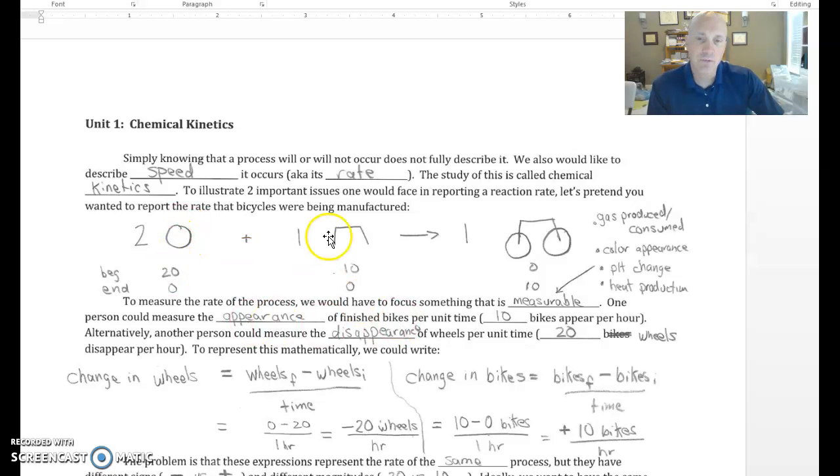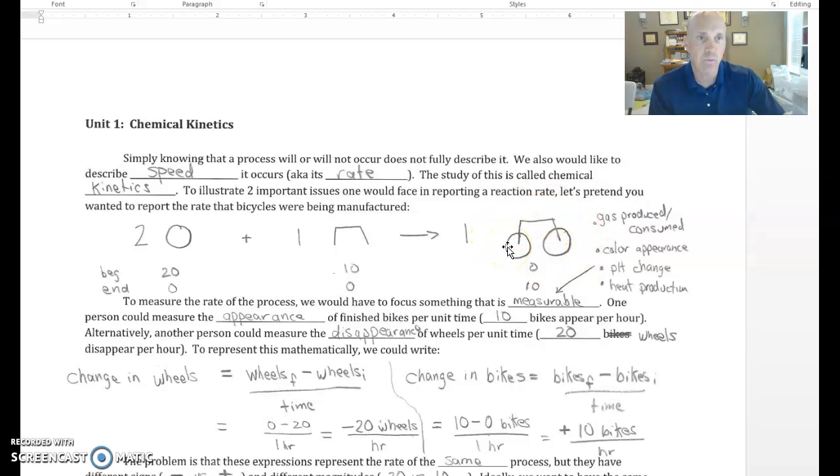Okay, so let's go back to pretending that we want to measure how fast this process of the production of bikes is occurring. There's a couple ways that we could do this. Let's say that we were in the factory, and the only thing that we could see is the bikes coming off the assembly line. We couldn't see the piles of wheels disappearing, or the piles of frames disappearing, but we could see this.